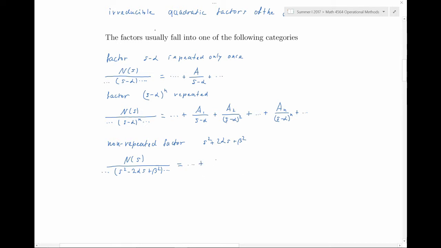And this will lead to the following fraction in the partial fraction decomposition. Apologize, this has to be plus.